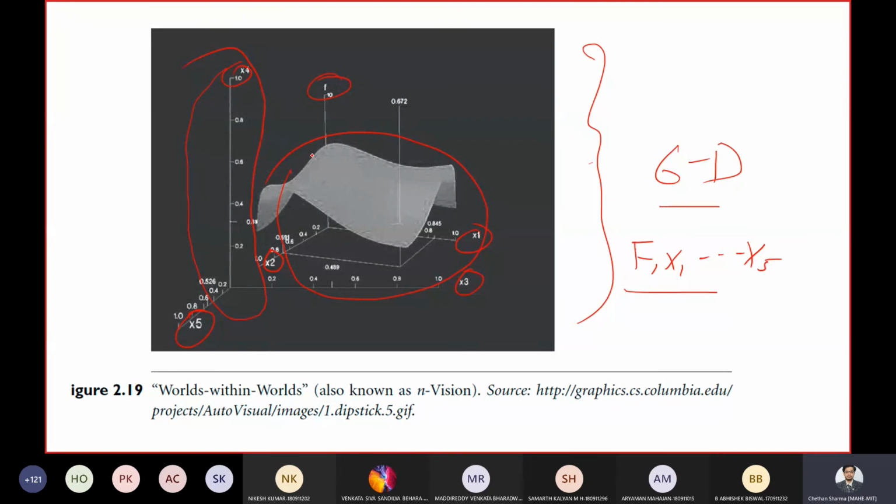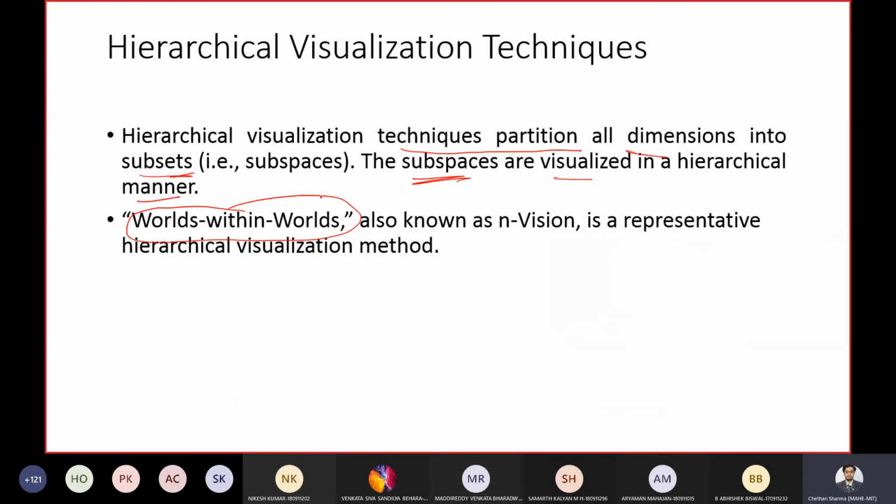Okay. And suppose we want to observe how this dimension f changes with respect to the other dimensions, that is, with respect to x1 to x5. So we can plot a hierarchical visualization, and in that there is one specific method known as worlds within worlds. It's also known as N-vision.